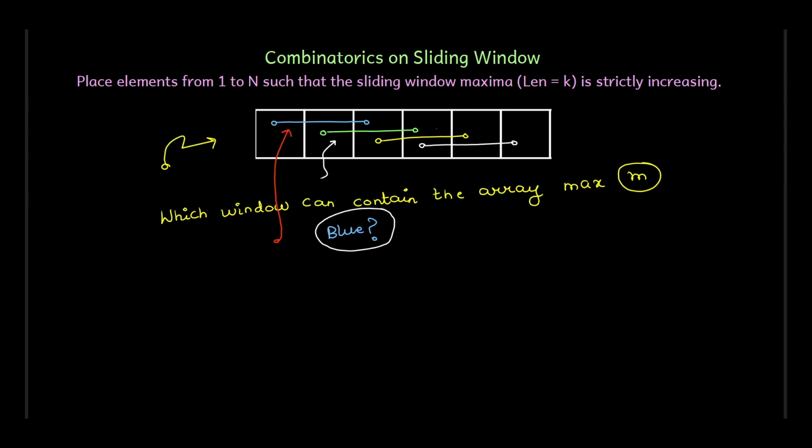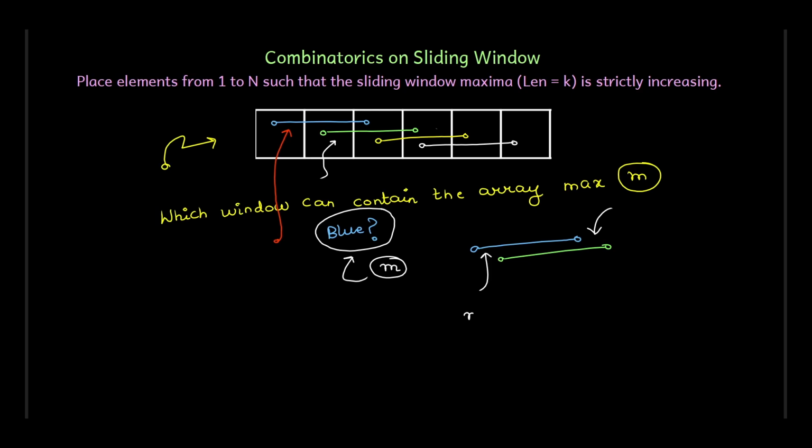So what could happen? If you have the maxima m in this blue window, then how did you create this green window? You took this big blue window, you removed one element and you inserted one element to get the next window.